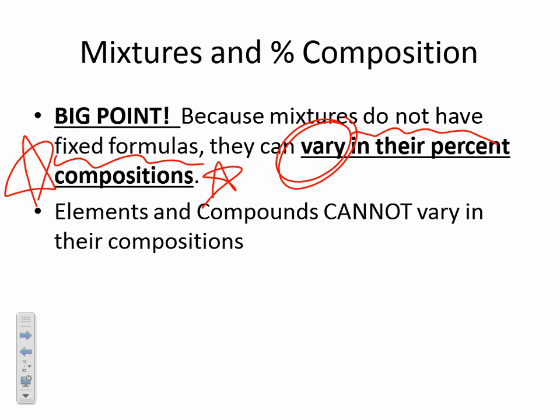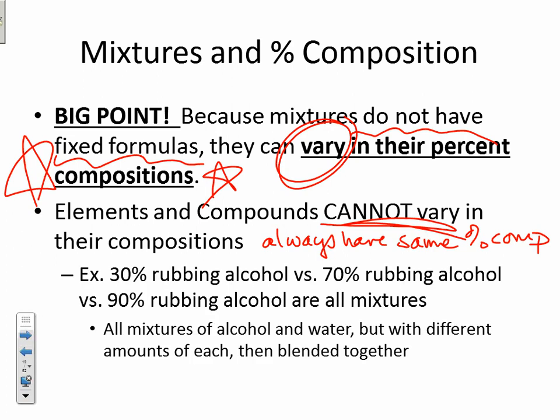These are mixtures. Versus elements and compounds, they have fixed compositions. They cannot vary. They always have the same percent composition. This is not the case in mixtures. Mixtures can have different percent compositions, and these are just some examples of that.